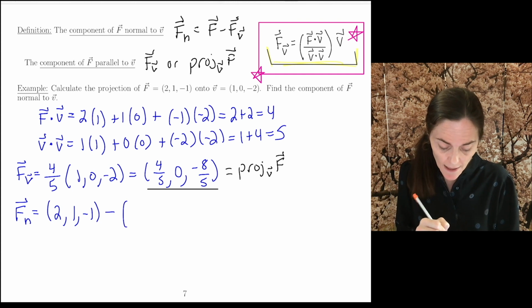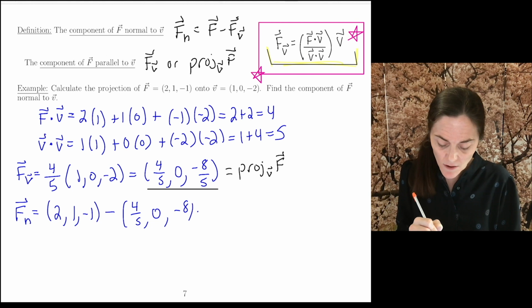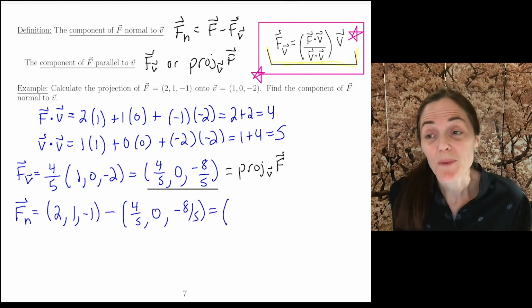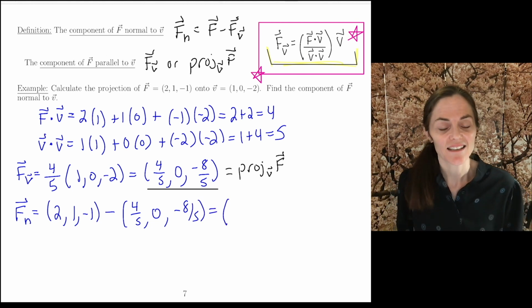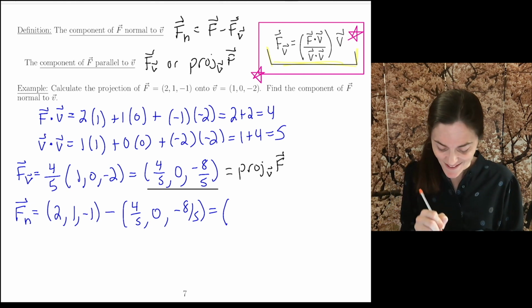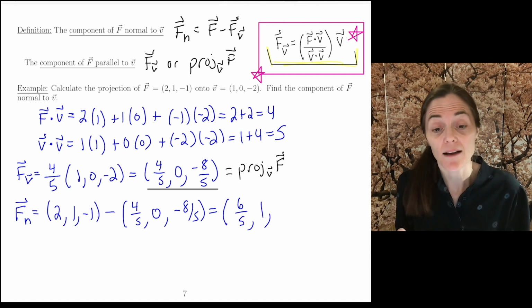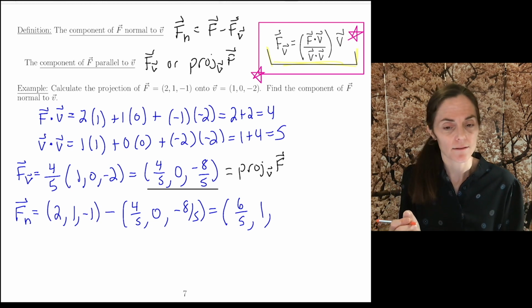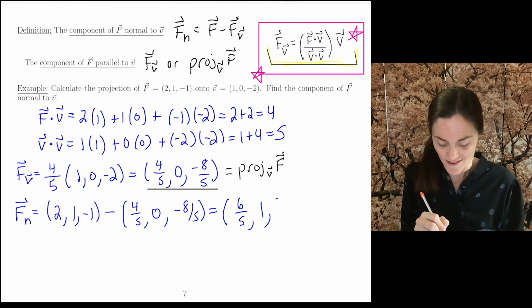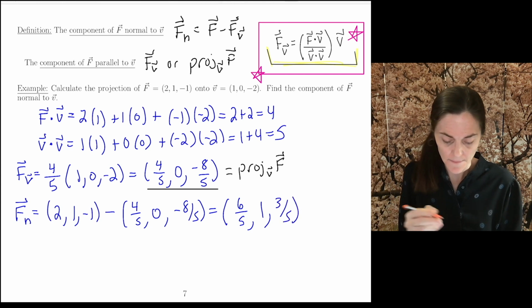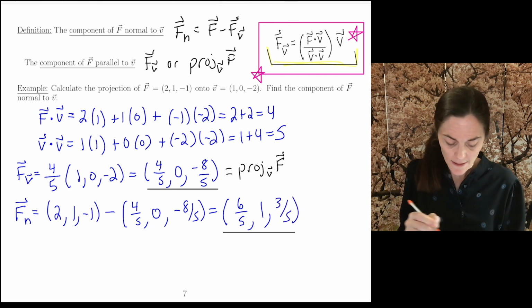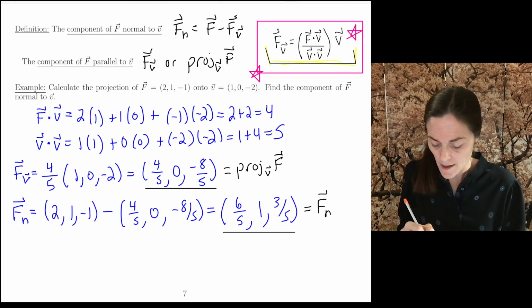And we subtract the projection, 4 over 5, 0, minus 8 over 5. 2 minus 4 over 5 is 10 minus 4 over 5, or 6/5. And then we have 1 minus 0, which is 1. Then we have minus 1 plus 8/5, which is 3/5. So this one is here, Fn.